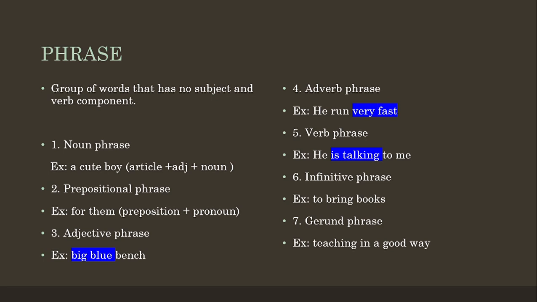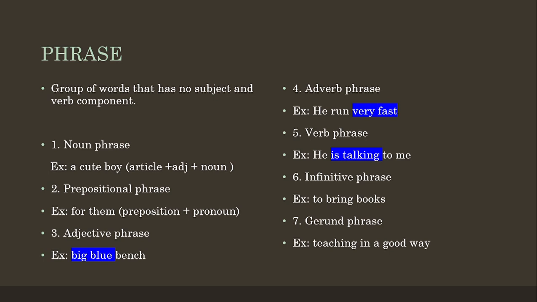That's not a phrase, that's a sentence. Okay, so in number 7, gerund phrase, the example is teaching in a good way. This is a phrase, this is not a clause. After the gerund are followed by other words, but not a to be verb or other verb.